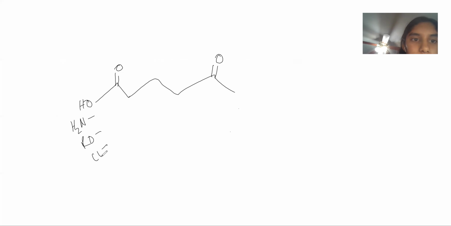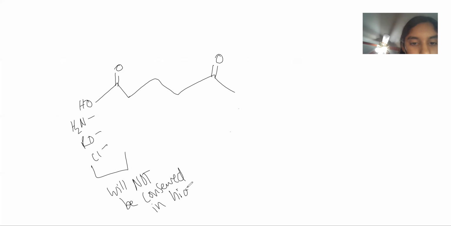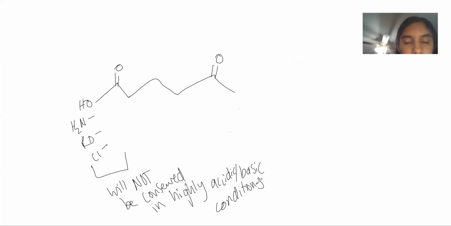Then this group will not be conserved in highly acidic or basic conditions. So if you want to go from this to this, then I think your best bet would be the thioacetyl.